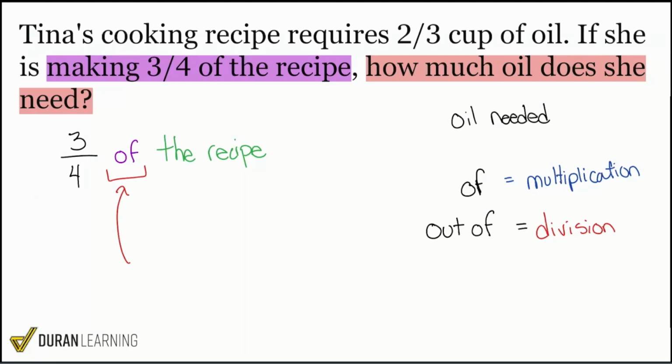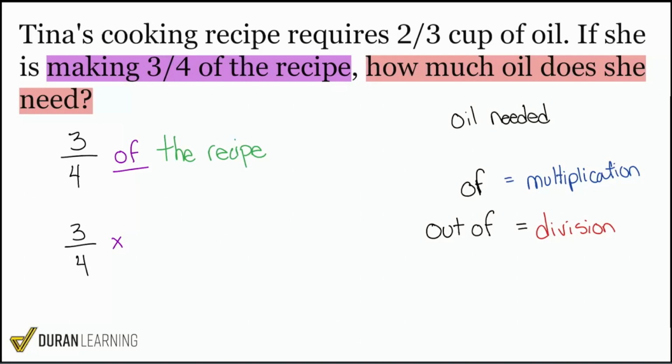Let me help us out here. Let me get this out of the way and let's remind ourselves. So we have 3/4 of the recipe. Here we go. We'll write the 3/4. Everybody remind me again in the chat box, the word of is what operation? That's going to be multiplication, correct?